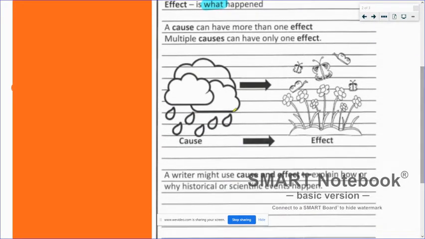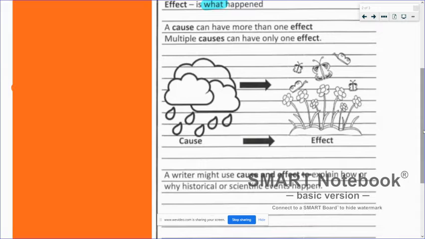So this one is only showing the rain is the cause, and the effect is it takes care of our plants, lets them grow, and it's got two arrows. So I think it's trying to show us that it also has an effect on the animals too, these butterflies that are flying above the flowers.